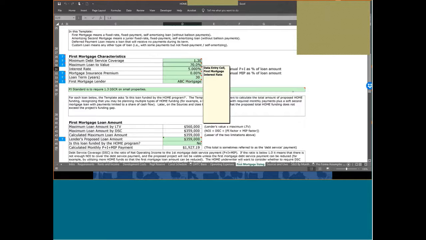And we also know that the proposed mortgage lender, which is ABC Mortgage, is willing to loan the money at 5%, and they're willing to have the repayment of that debt amortized over a period of 30 years.